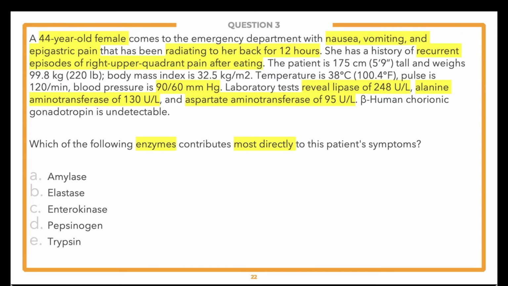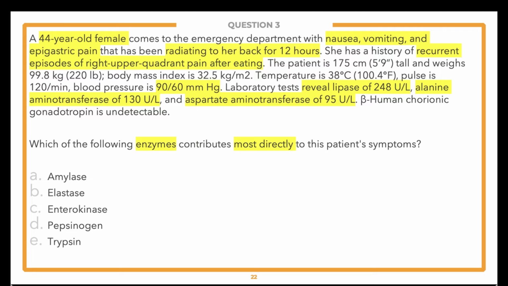Okay. So we have, again, 5 options. Let's look at which enzyme is the correct answer. Option E is trypsin. Option D is pepsinogen. Option C is enterokinase. Option B is elastase. Option A is amylase.